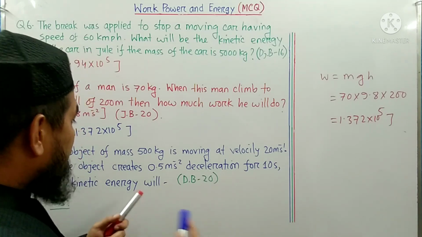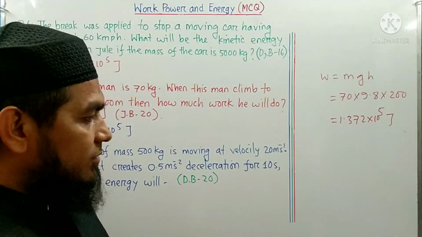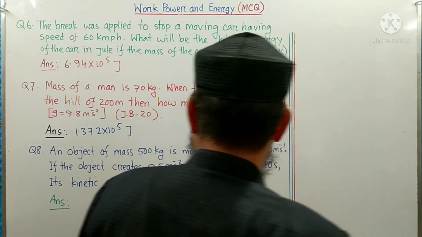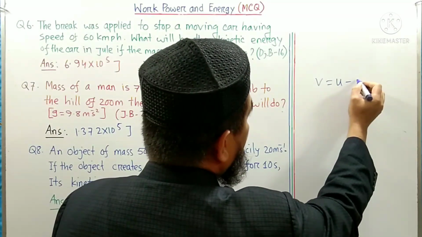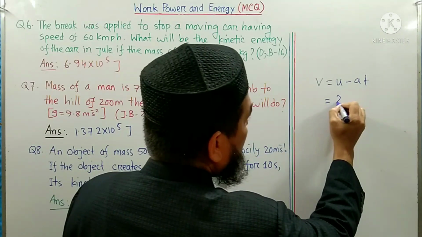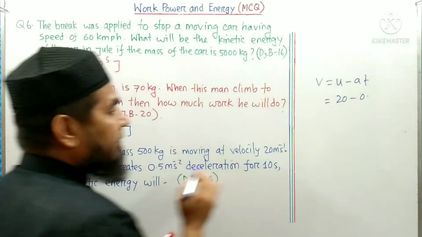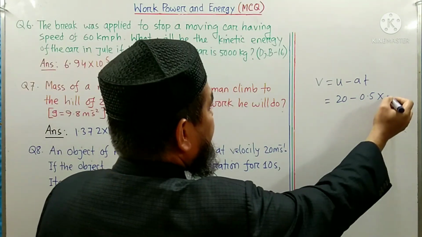Here our question is, what will be its kinetic energy? So dear students, from the information it is clear that we have to calculate velocity v is equal to u minus at, because here u is 20 meter per second, a is deceleration 0.5 and t is 10 seconds.